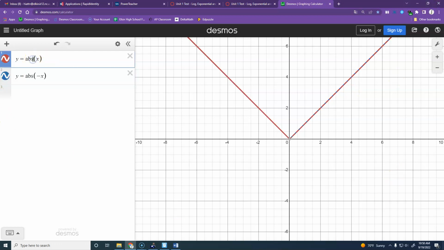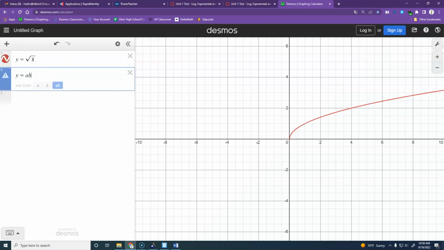For some, it's going to make a big difference, like square root of x and square root of negative x. See, that makes a big difference in our graph. But for others where it is already symmetric about the y-axis, it doesn't make a big difference.